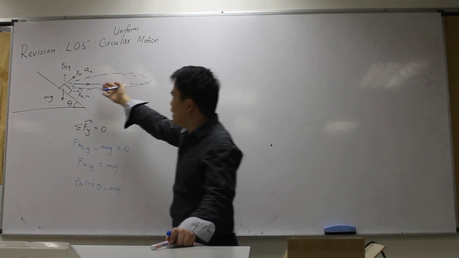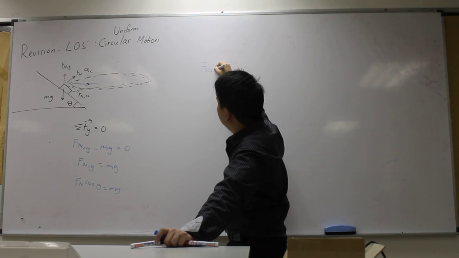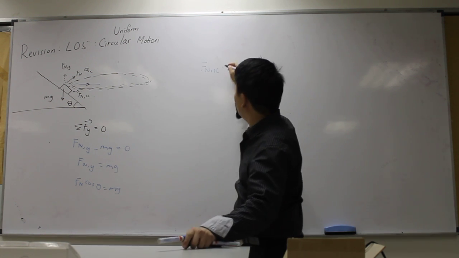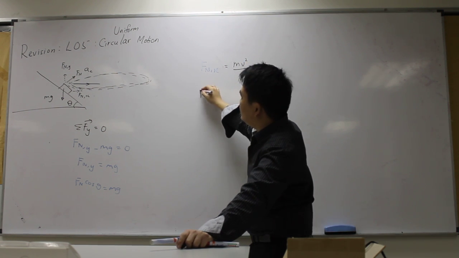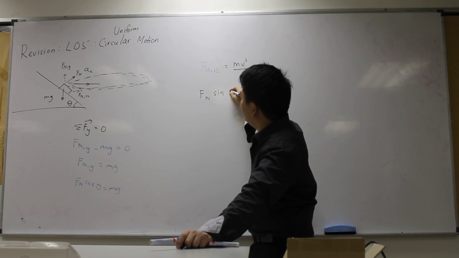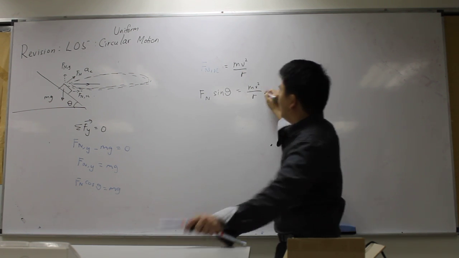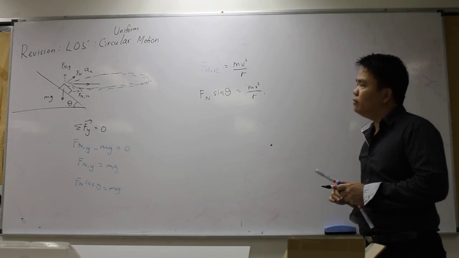And for the x component, horizontal component, since there's only Fnx, this Fnx contributes to the mv squared over r, and Fnx in this case is Fn sine theta equal to mv squared over r. My next question is, what is the value of Fn?